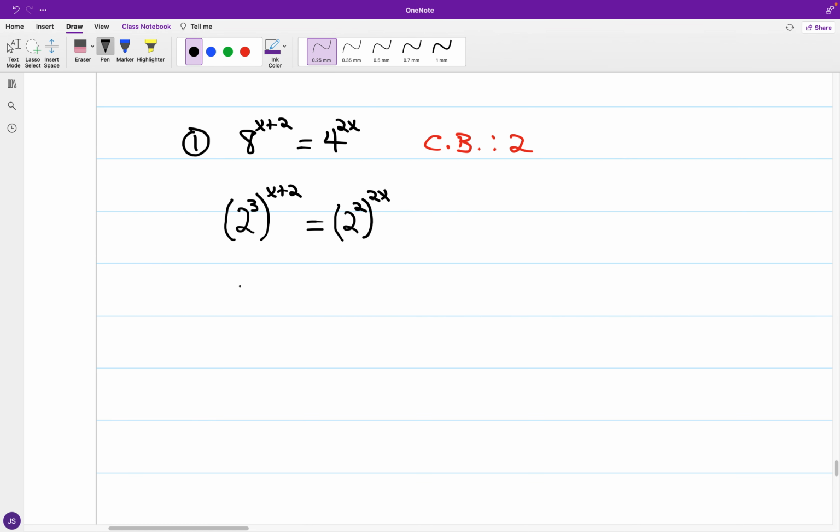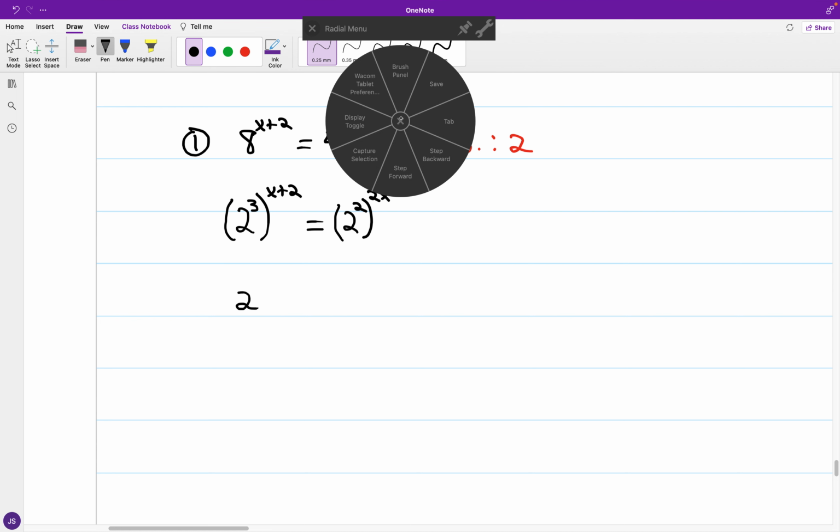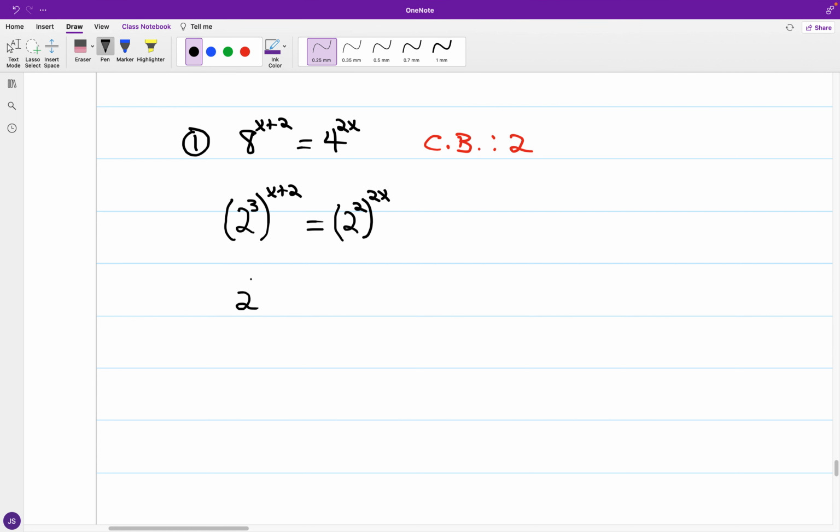And again, with the power property of exponents, for 2 cubed to the x plus 2, you have 2 raised to the 3 times all of x plus 2, and that's going to be equal to 2 raised to the 2 times all of 2x.